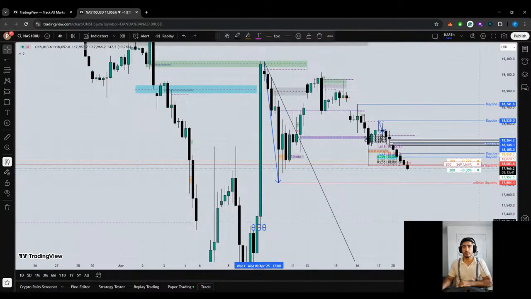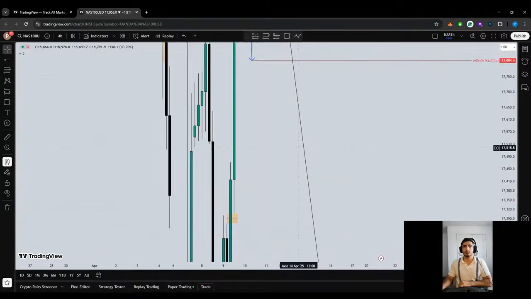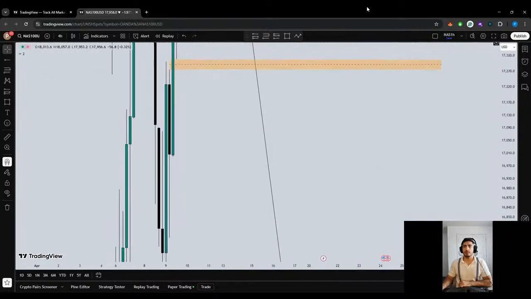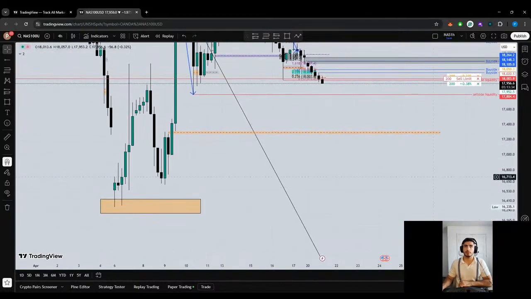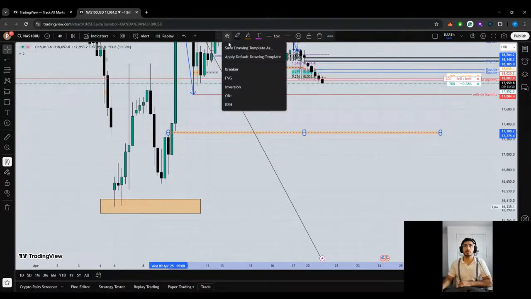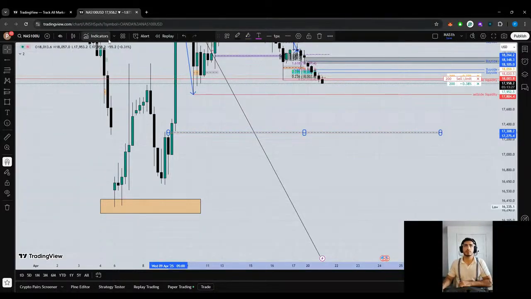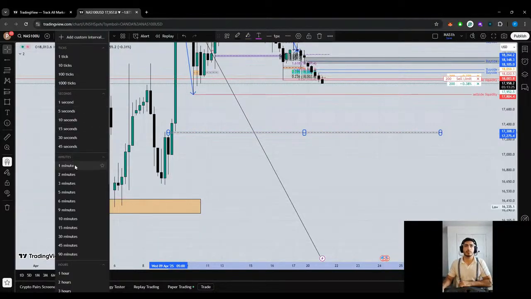It's a fair value gap and a half. So this fair value gap over here on the 4-hour is the last one to be tapped into. This FVG, boom. Go back on the minute.